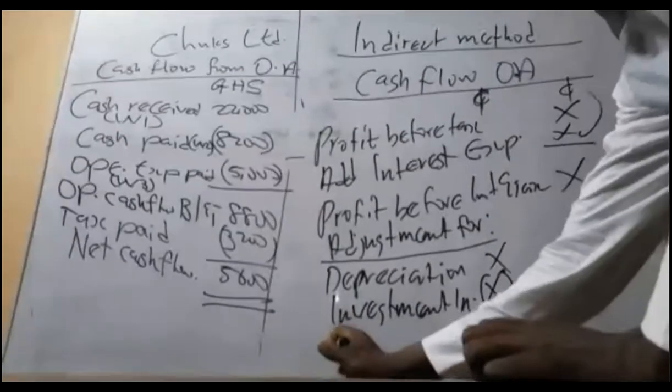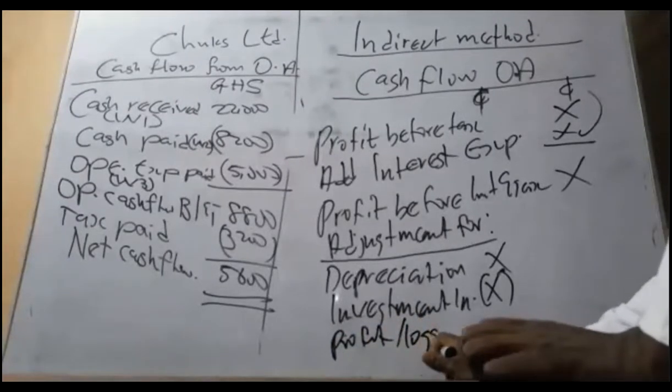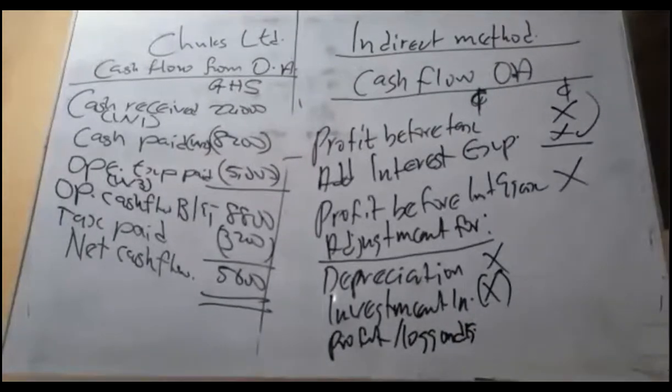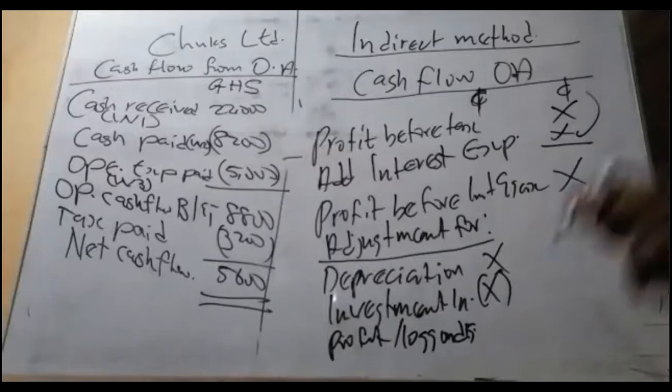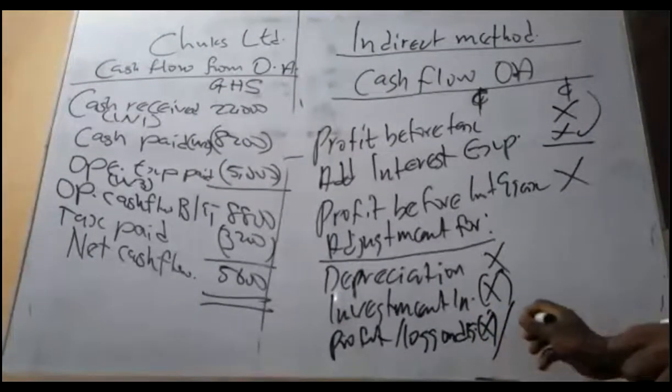Then profit or loss on disposal. So let's see, profit or loss on disposal. Good. Now let's see. If it's a profit, what do we do? If it's a loss, what do we do? So if it's a profit, they have added it, right? So we subtract. If it's a profit, subtract. What if it's a loss?